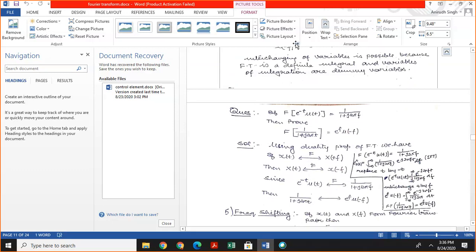Question based on duality property. If the Fourier transform of exponential minus t u of t is given by 1 by 1 plus j2 pi f, then prove that the Fourier transform of 1 by 1 plus j2 pi t is equal to exponential f u of minus f.